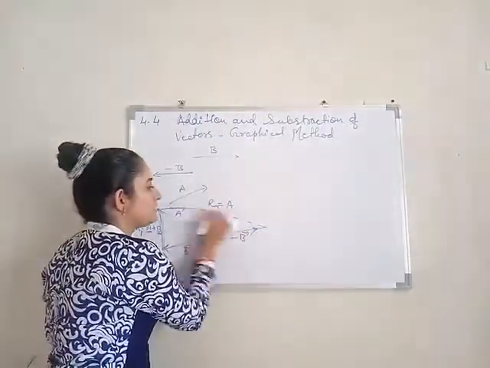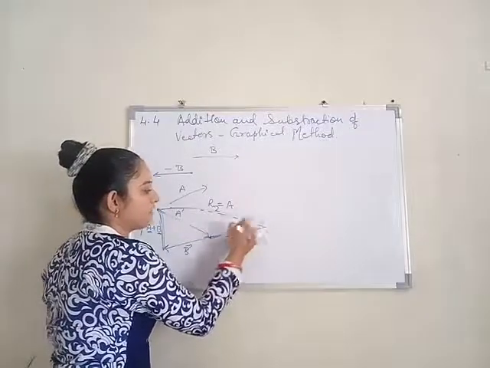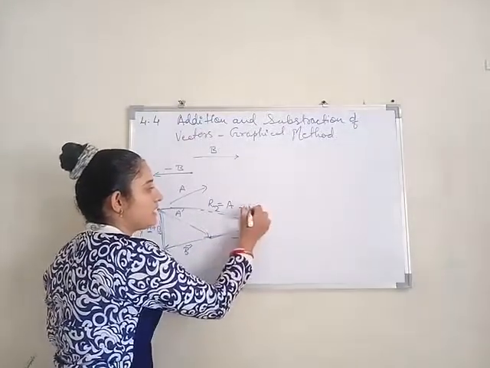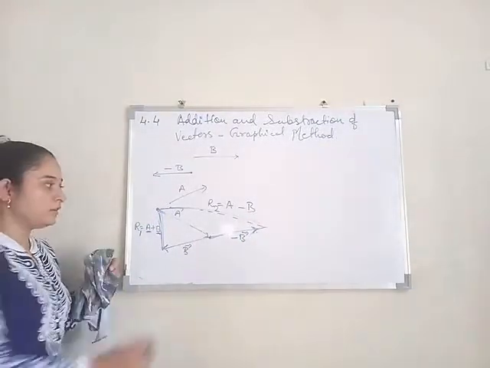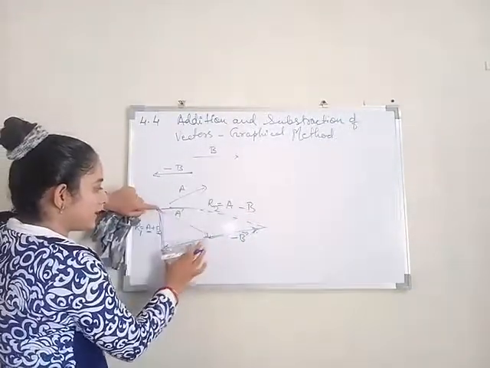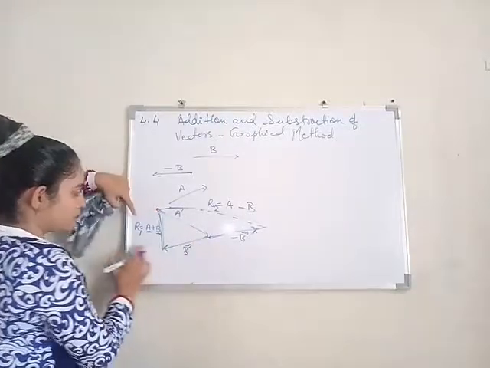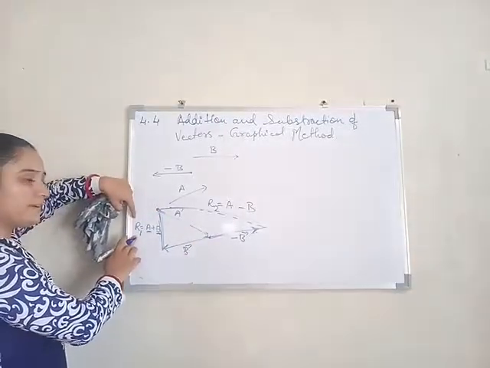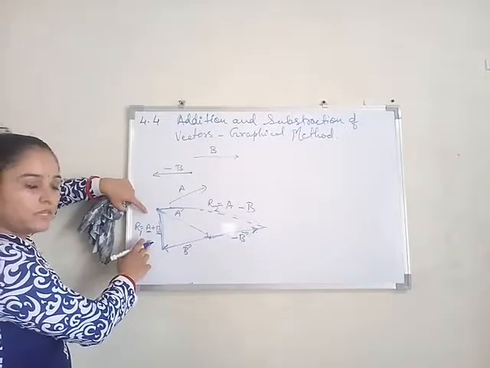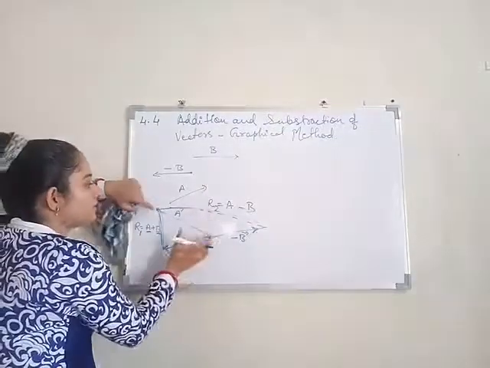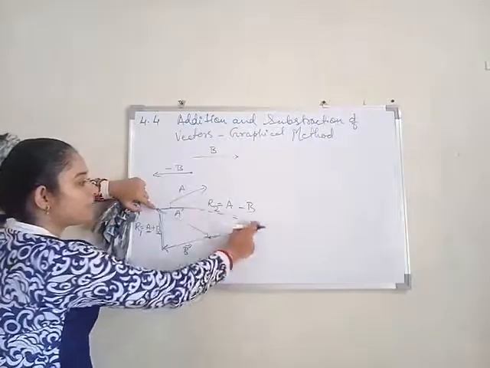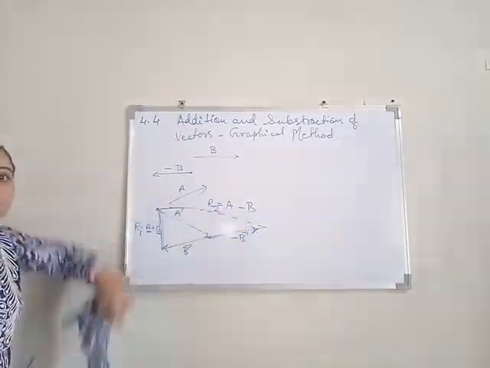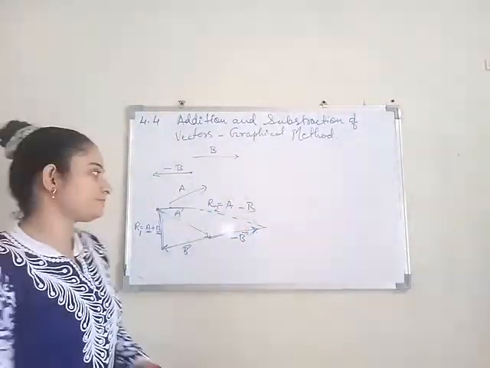Here in this line it is coming inside, after that we write minus B, R minus B. Clear? So if we take vector A and positive vector B in this direction, then resultant vector R1 will be A plus B, and R2 will be A minus B.